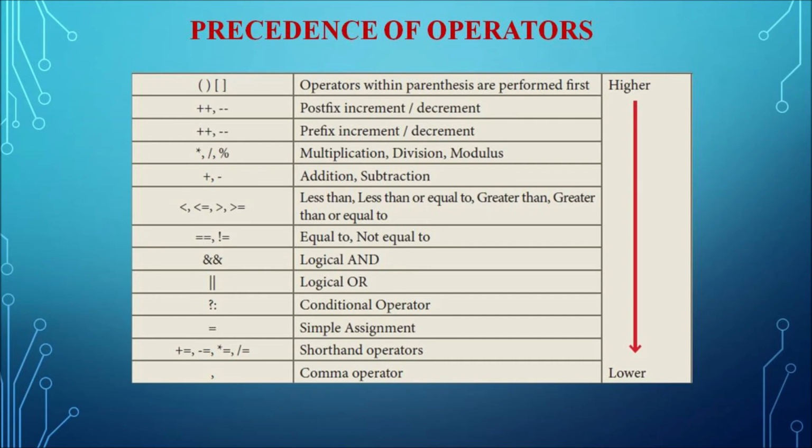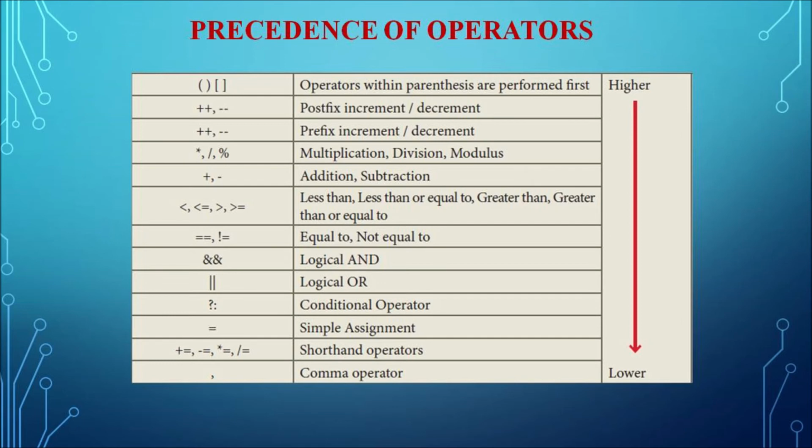Next we see the relational operators. Within the relational operators there is some inner preference. First the preference is given to less than and less than or equal to, then greater than and greater than or equal to; these four have preference within the relational operators. Next to that, equal to and not equal to have the preference.